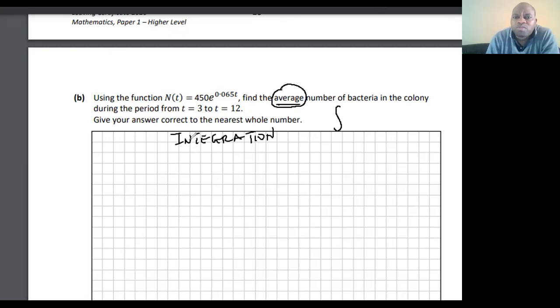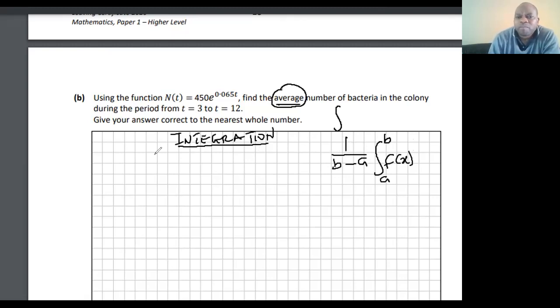So you have to integrate this, you are finding the average value, and there is a formula for that. And what is the formula? The formula is 1 over b minus a, the integral over the interval from a to b of f of x. You put the function there. So what does this mean?